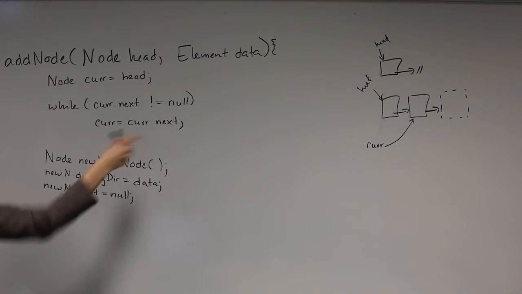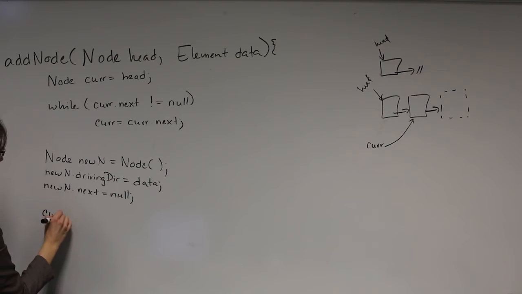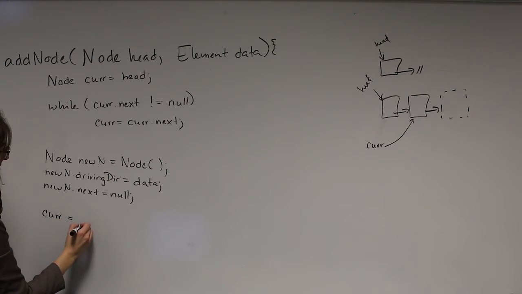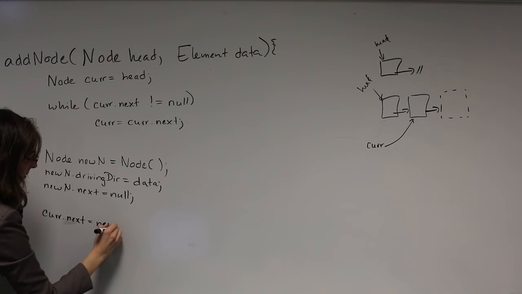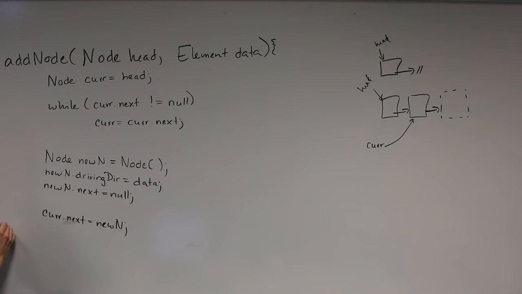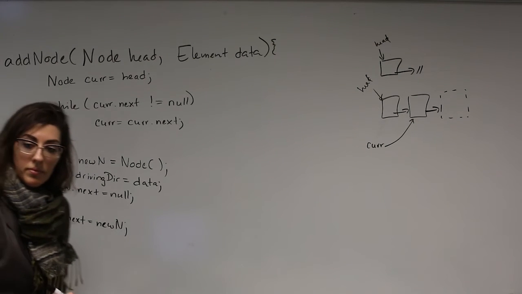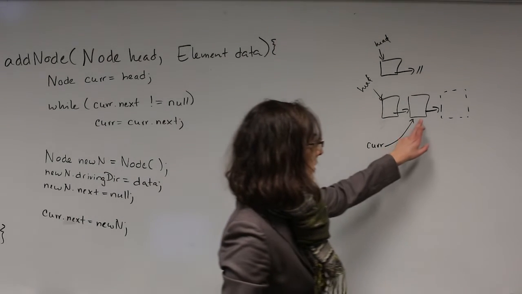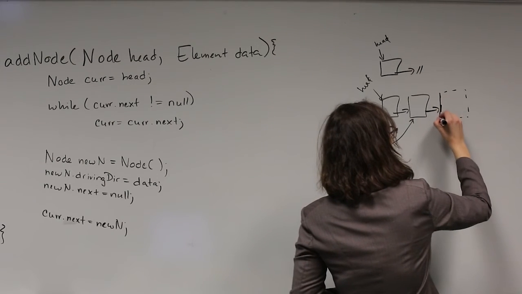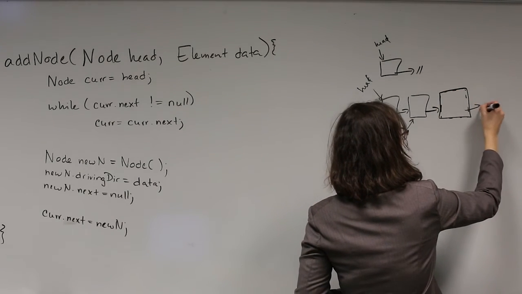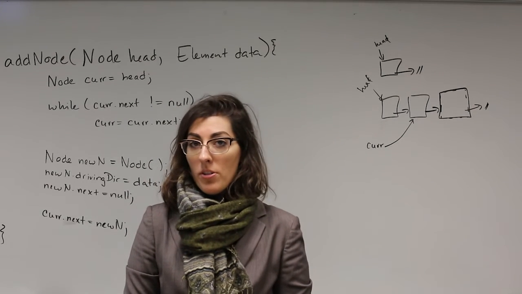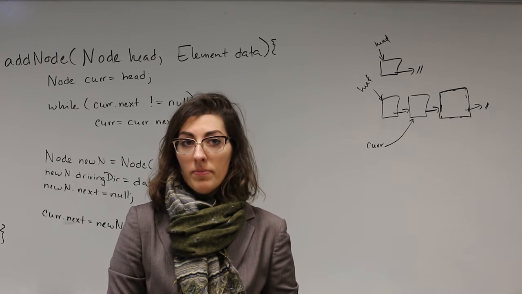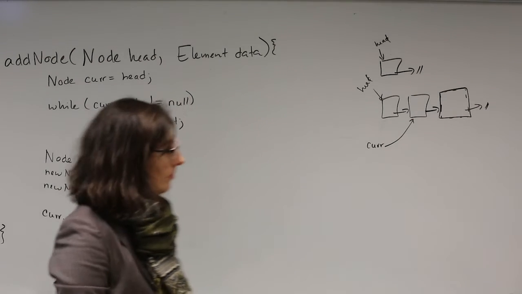And then current, not current, but current.next, I set equal to my new node. So current is at the end, set it equal to the new node. And I've added a new node to the end. Questions?